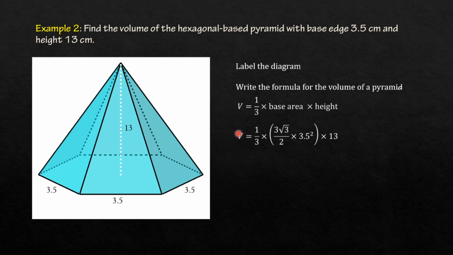Substitute your numbers. 1/3, the base area of the hexagon is 3√3/2 times the length squared, which is 3.5, times the height, which is 13, and that's calculated as 137.91 for the total volume.